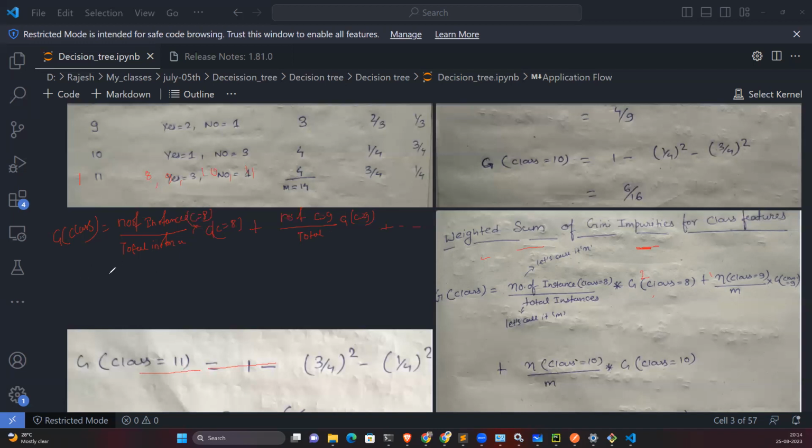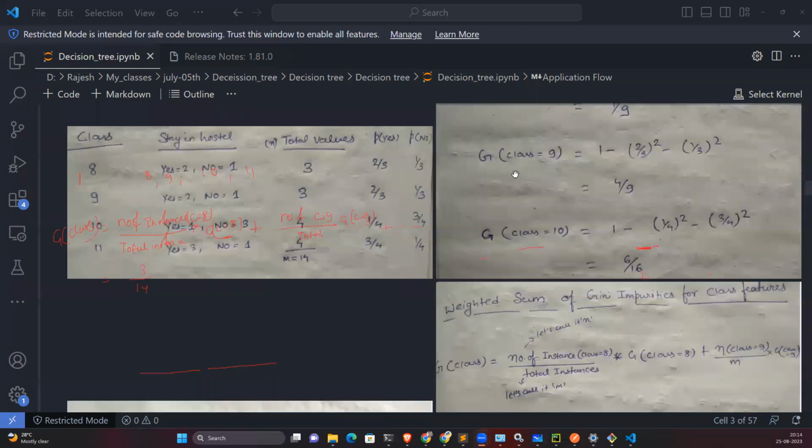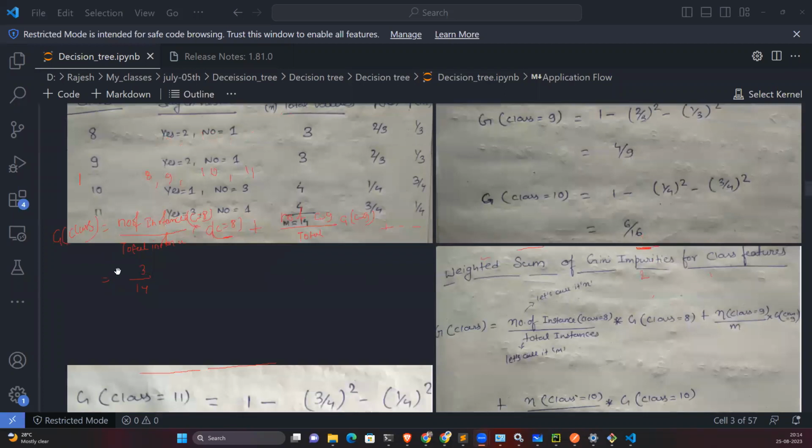Like this we have to do for all. And total instances of class 8 is what? 3, I think, right? Divided by total instances 14, and Gini indexing of class 8 is what? Just note down, 4 by 9.